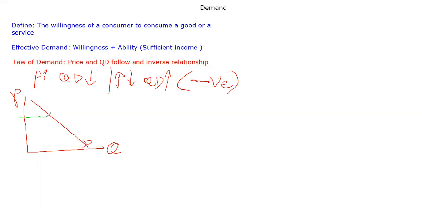If you look at this particular price P and quantity QD, and you, for example, decrease price to P1, quantity demanded would increase to D1. So that follows. A decrease in price leads to an increase in quantity demanded. So you have your negative or inverse relationship, which can only be fulfilled with a downward sloping demand curve.